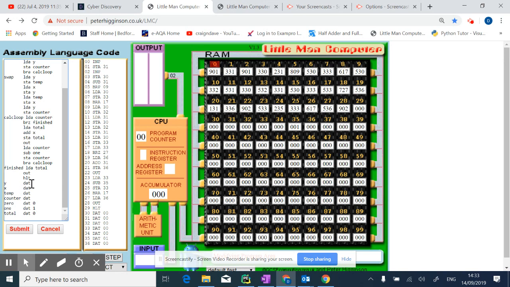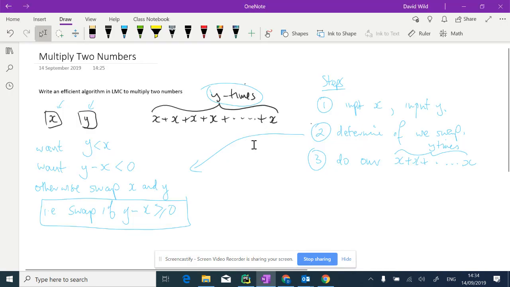Now, remember when we went back to here, we're going to swap if y minus x is greater than or equal to 0. Okay, so this is like a branching, and we want to calculate y minus x, and if y minus x is greater than or equal to 0, then we are going to swap the x and the y around. And that's what this does. So we're inputting x, then y, and then we're going to subtract x.